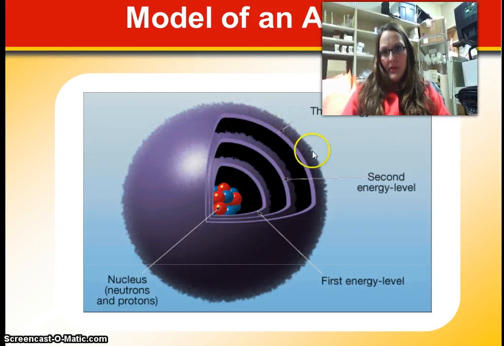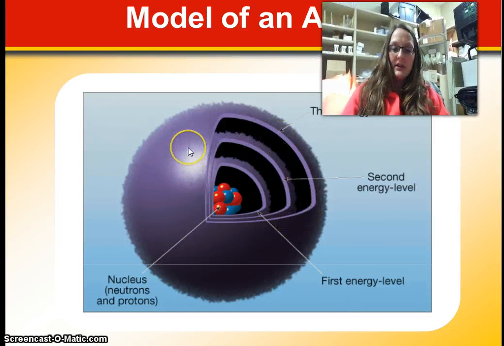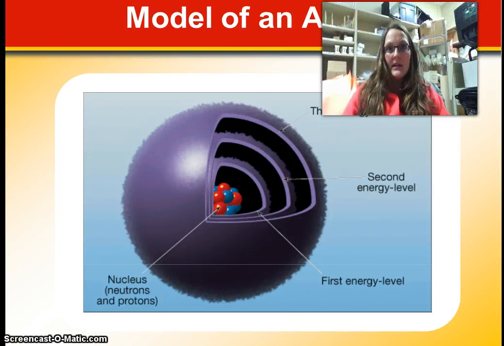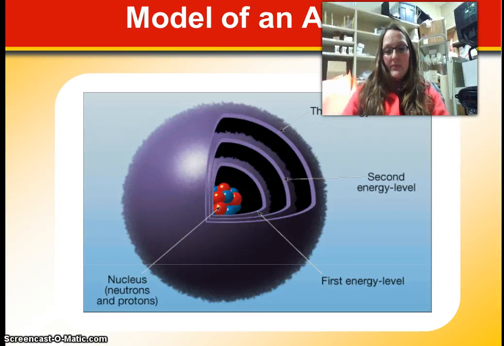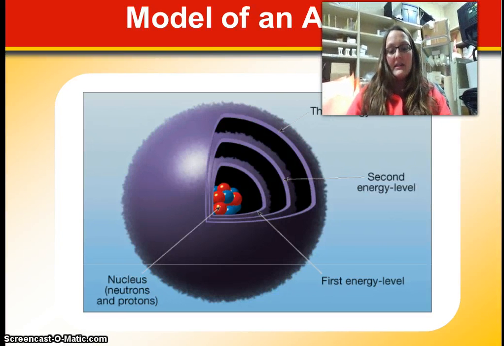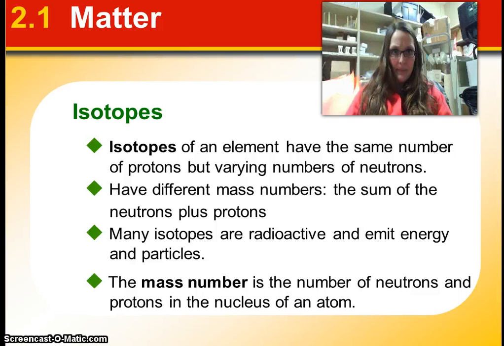And then these purple things right here are going to be energy levels, which are also called energy shells. And that is where the electrons zoom around. And electrons have a negative charge. And so the protons and the electrons will always be the same on a neutral atom because they need to balance out where it has a neutral charge.